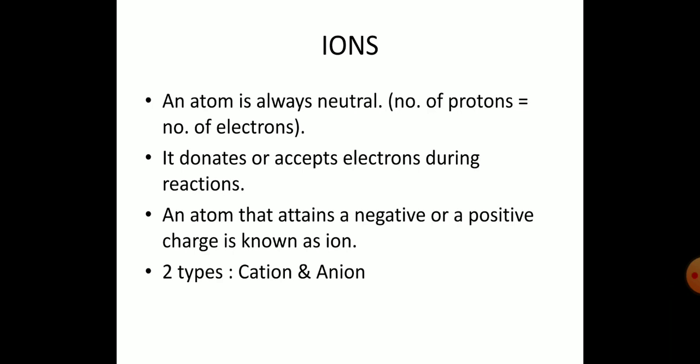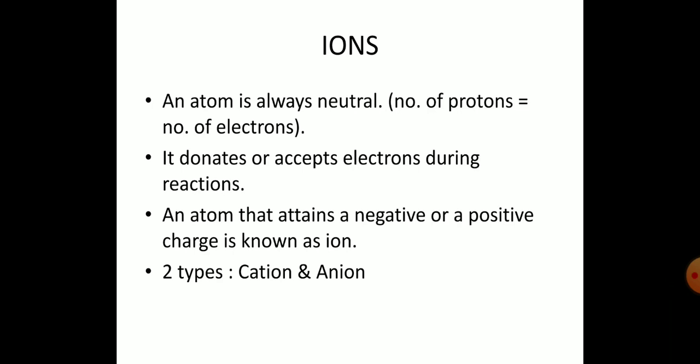Okay, according to this, we can say the atom that attains the negative or a positive charge is called an ion. So what is an ion? The atom with negative or positive charge. Okay, but in nature or in a stable condition, the atom is always neutral. So neutral means the number of positive charges will always be equal to the number of negative charges.